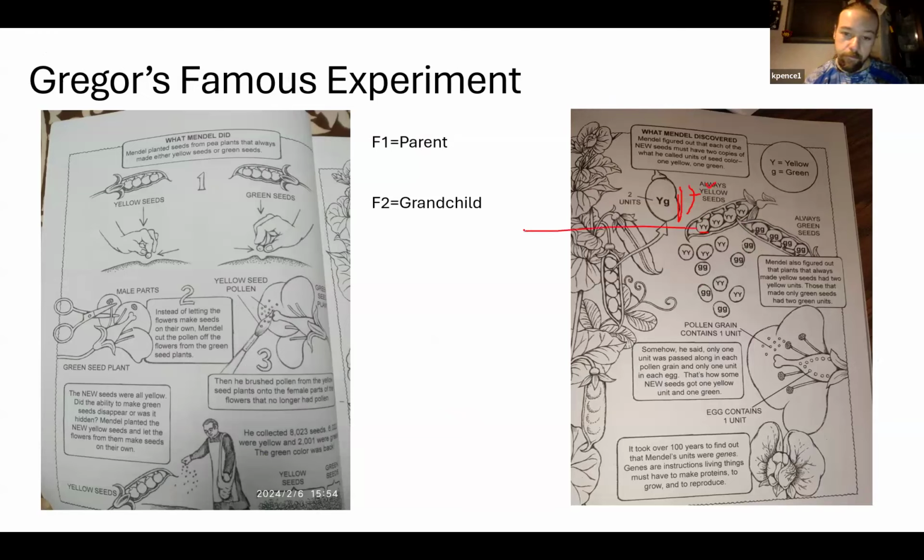So I'm going to do that one right there. And then we'll do this guy here, and he was GG. So chromosome set. Chromosome set.